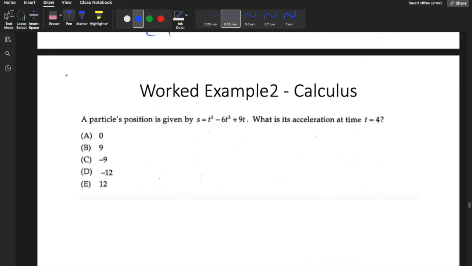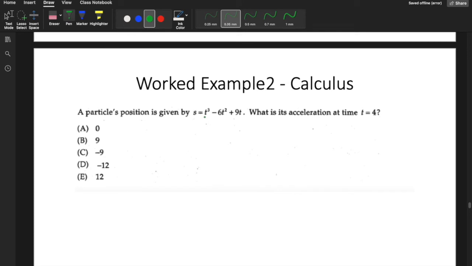Let's do another example. Vertical position is given by this function. Calculate the acceleration when t is equal to 4. This question is very straightforward. You just take the second derivative.